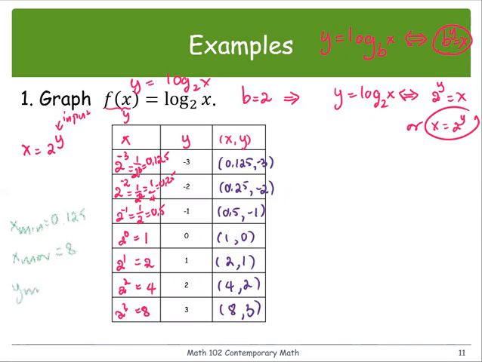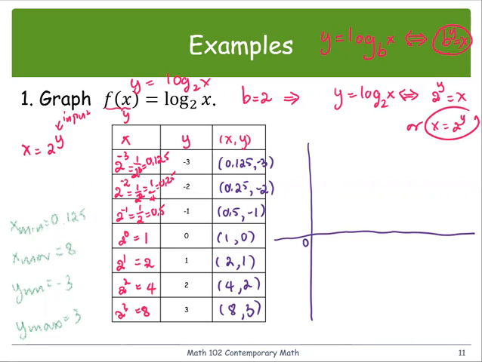The y minimum is negative 3, the y maximum is positive 3. So when you sketch the graph, make sure your graphing area covers the x min, x max, y min, y max. The x min and x max are positive numbers, and y min and y max range from the negative side to the positive side. So we're gonna have the graphing area on the right side of it.